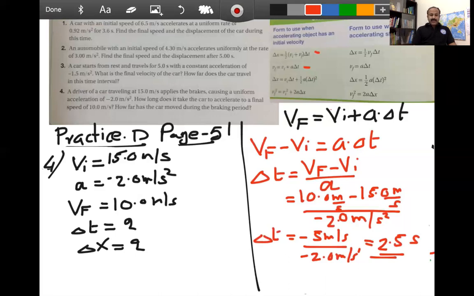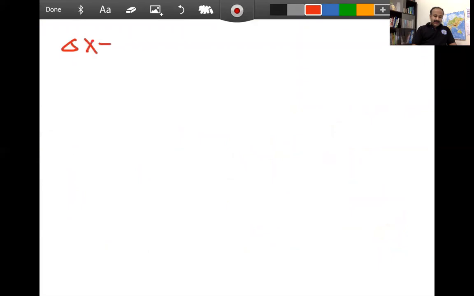And next, what you need to find out is how far the car has moved during this time interval. So again, you are going to use the third equation. What's that equation? Delta x is equal to Vi delta t plus half a delta t square.